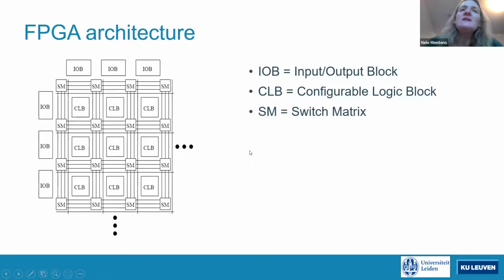If you compare this to the architecture of a CPU, for example, then in the CPU, you have the computing heart or the ALU that executes all the operations, and many things around that to make sure that the ALU can do its job, and you write software code that will then be run on the CPU.